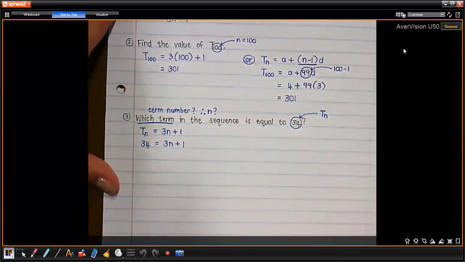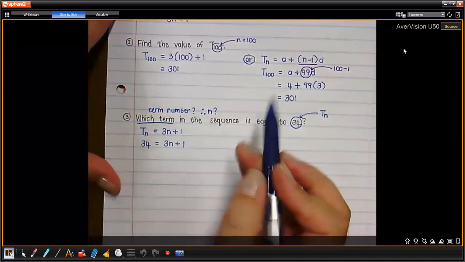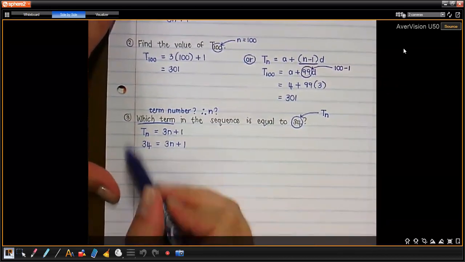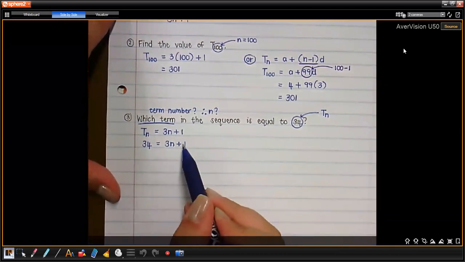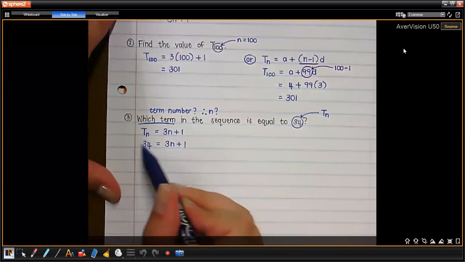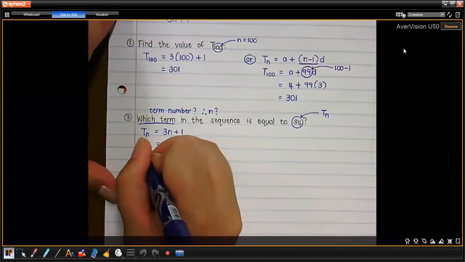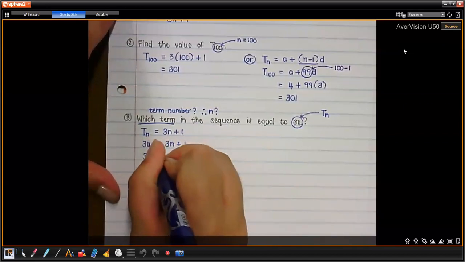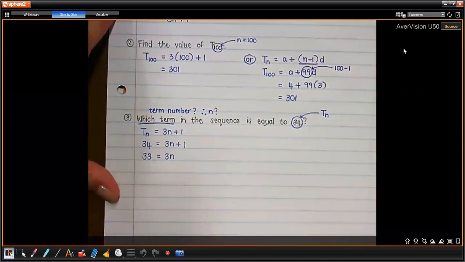Right, whenever they've given you a specific term, you need to make that term equal to Tn. Okay, and then we can figure out which term it is. Now guys, this is just a straightforward equation. Okay, to get rid of this plus 1, I'm going to minus 1. So 34 minus 1 is 33. So that is equal to 3n.